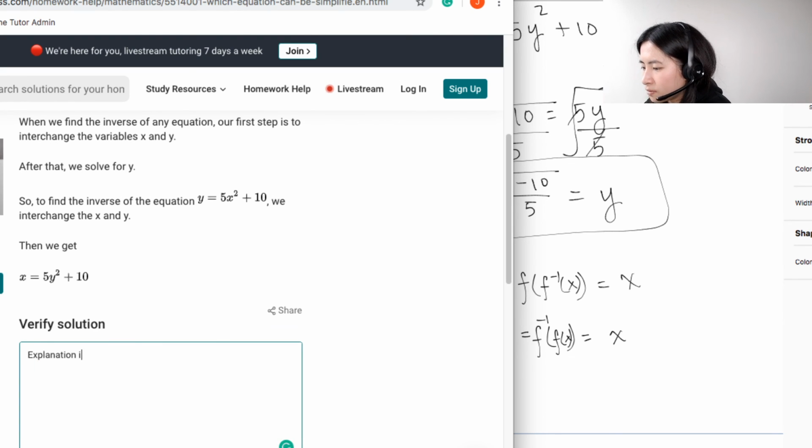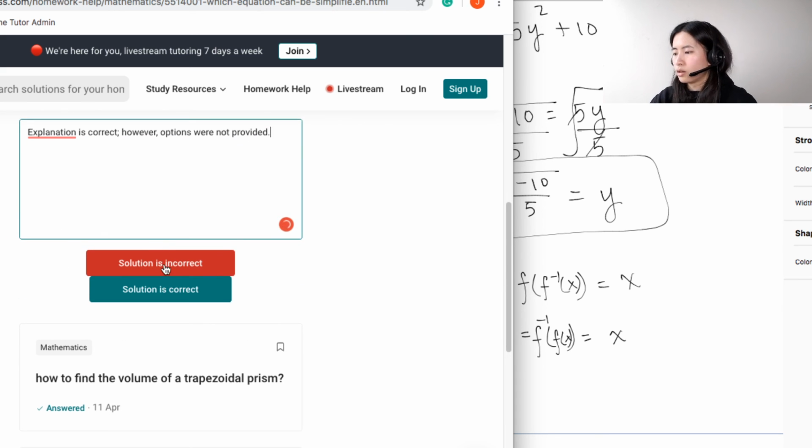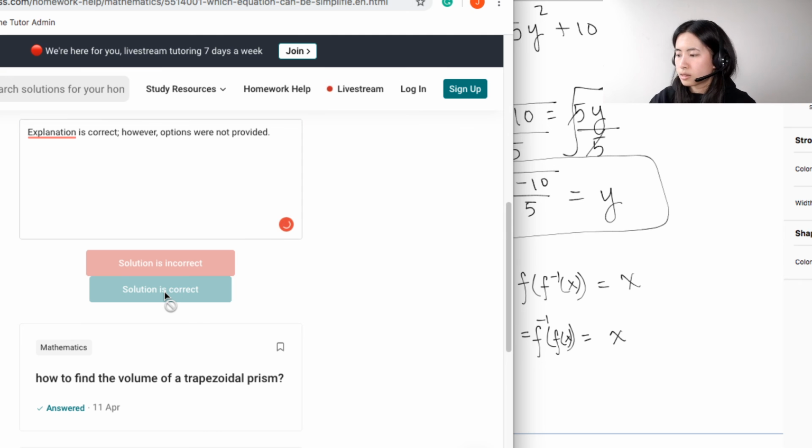However, we don't have any of the options. Okay, so solution is correct.